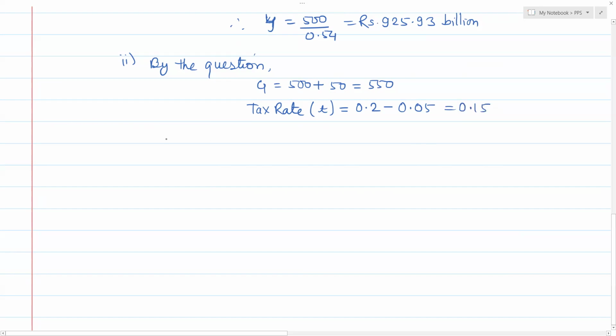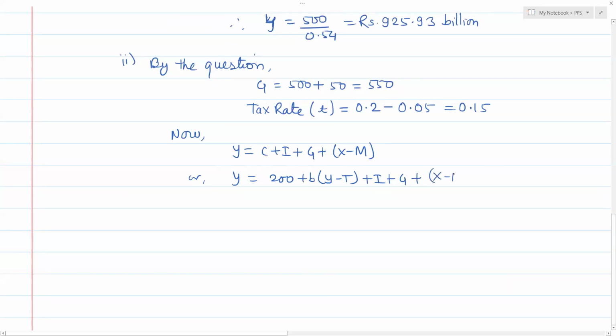Now for the equilibrium, we have Y is equal to C plus I plus G plus export minus import. Solving this, Y is equal to 200 plus b(y minus t) as given by the question, plus I plus G plus export minus import. Let's plug in the values.